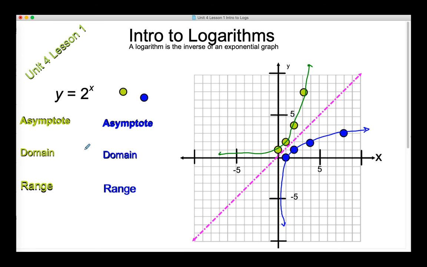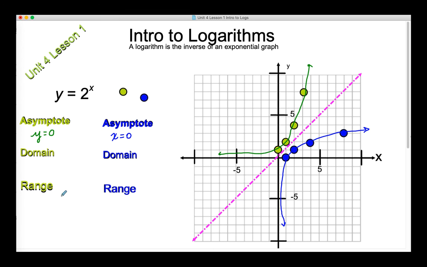So now, just to summarize, the asymptote of an exponential graph is always y equals 0. So the asymptote of its inverse, if we switch x and y, means that y will be switched to x.